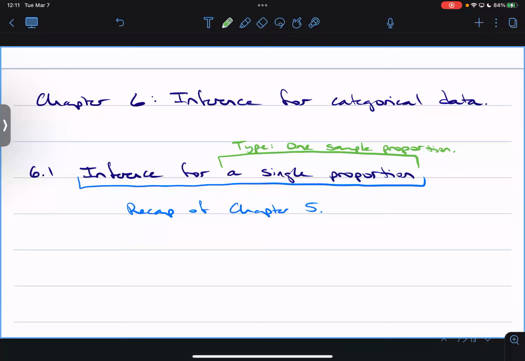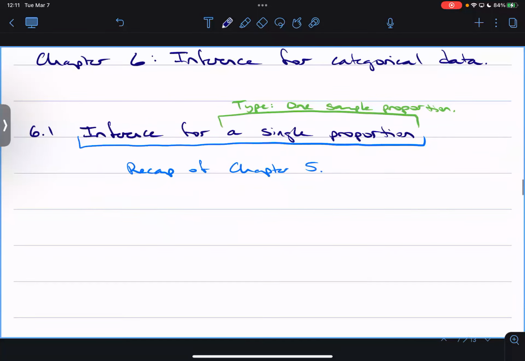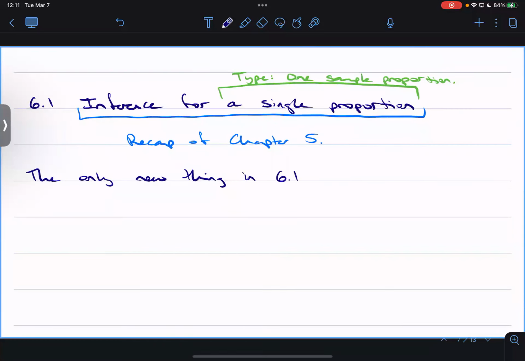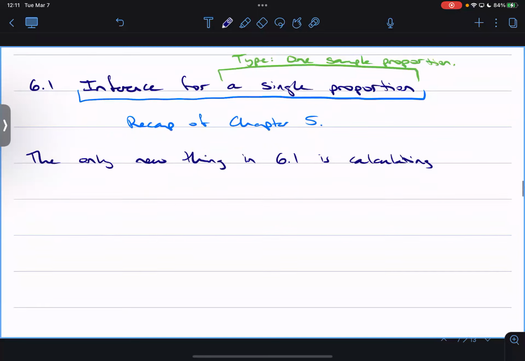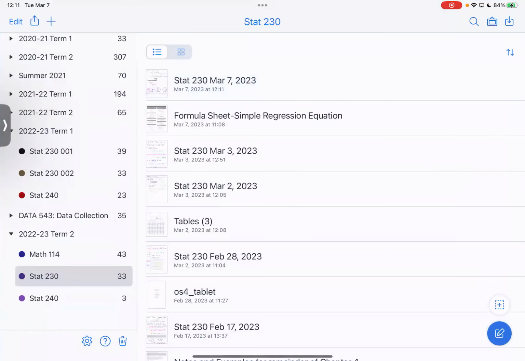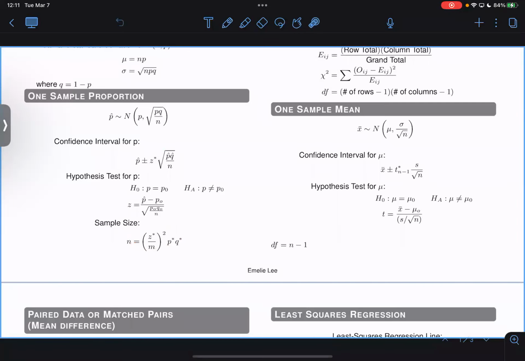But for us, I want to focus on the only new thing in 6.1, which is calculating sample sizes. That's going to be the last formula on the formula sheet, this one here.